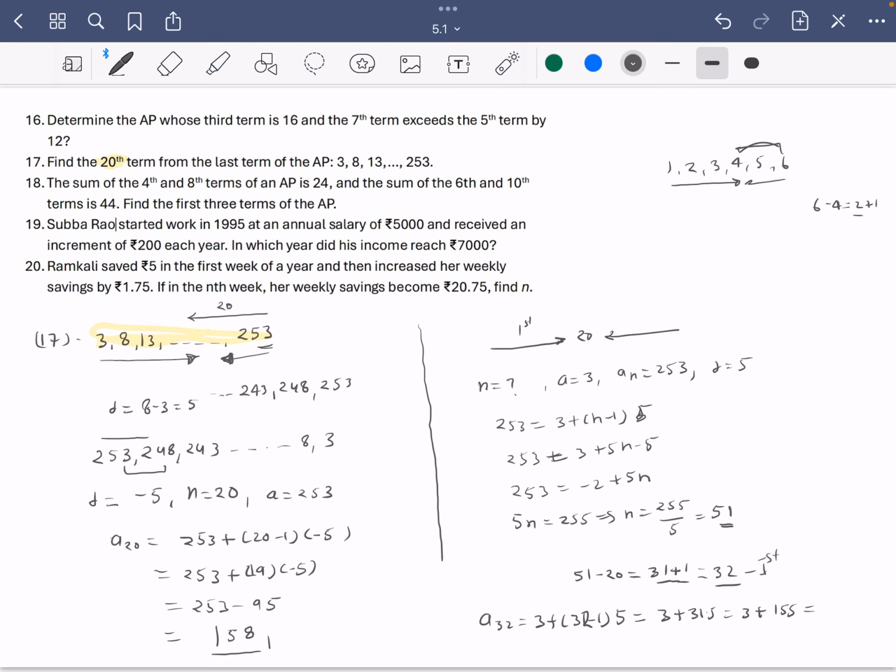It's going to be 158. Same value. So the 20th term from the last term is 158.